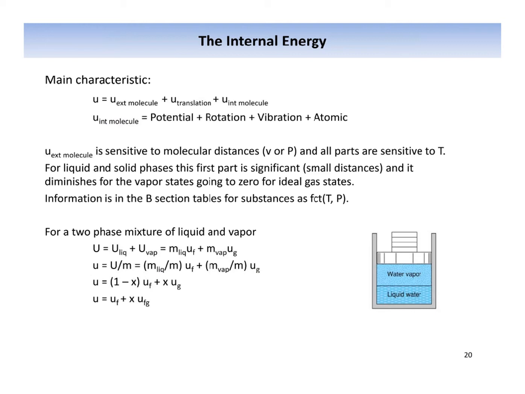We can quantify this internal energy per unit mass, and we can say that it is the specific internal energy of mass, as we have been talking about specific volumes and other specific quantities that relate to thermodynamic characteristics.